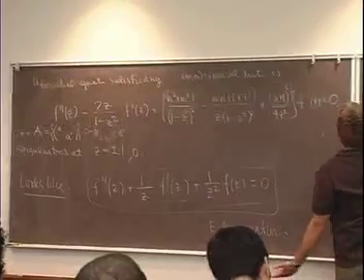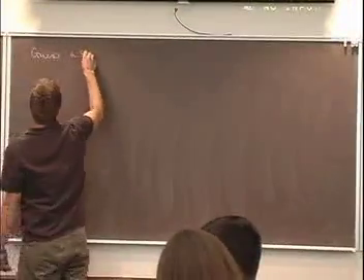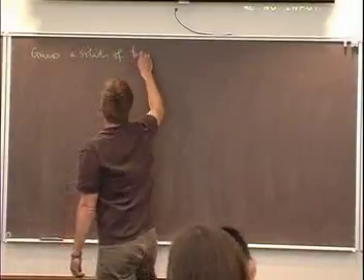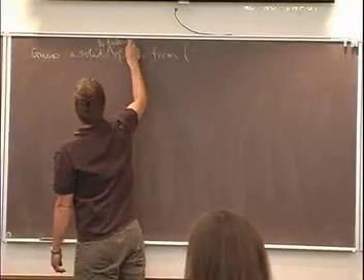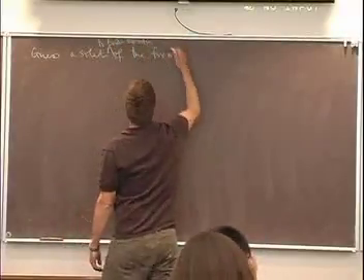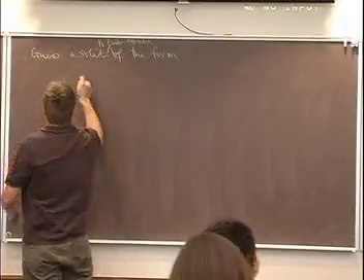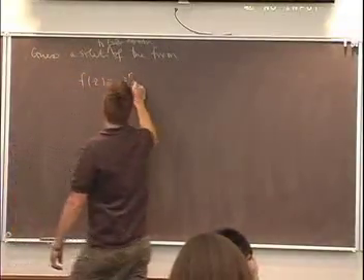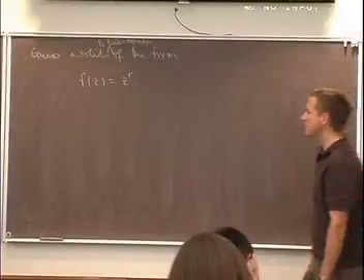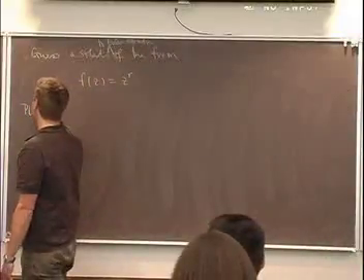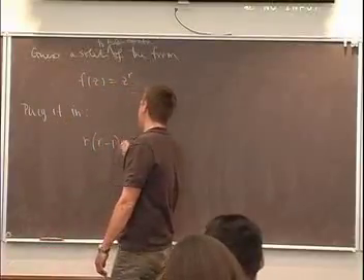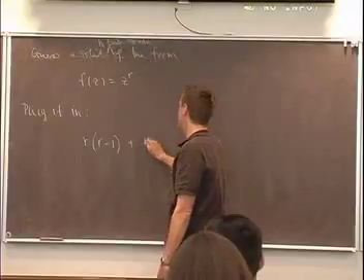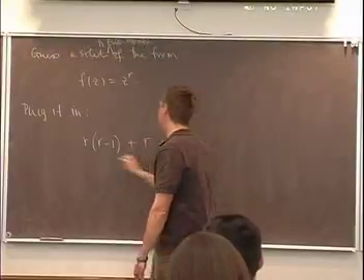So guess a solution to the Euler equation of the form f of z equals z to the r. That's a reasonable thing to do, and then plug it in. You differentiate twice, you get r times r minus 1. You differentiate once and divide by z, you get r, and you don't differentiate at all.